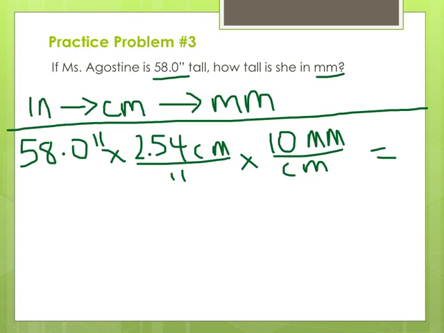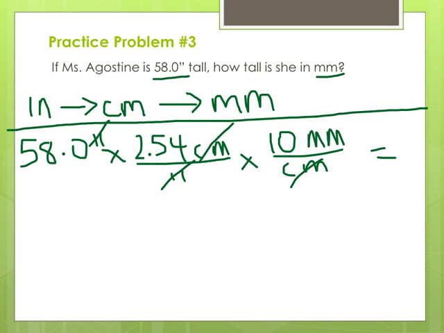Now please notice that when you set up your conversion facts, you always have to put the unit that you want at a particular step in the numerator, that's on top, and the unit you're getting rid of in the denominator, that's the bottom. So here, inches divided by inches cancels out, goes away.